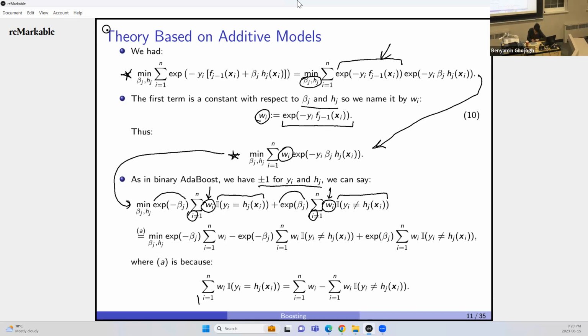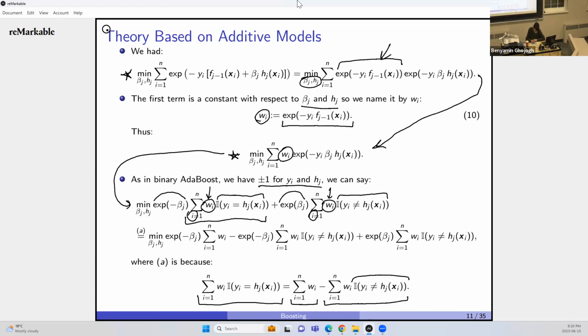Do you agree that I can write this term, which appeared here, in this way? I can write it as the summation of all of the w_i's minus the summation of w_i's if the estimation is incorrect. So the summation of w_i's for correct estimations equals the summation of all of the w_i's minus the summation of w_i's for incorrect estimations.